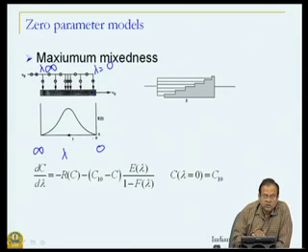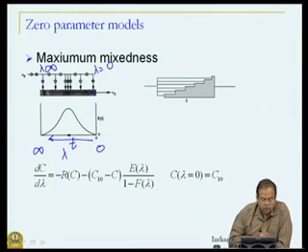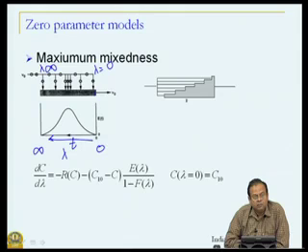So, my exit age distribution E of t now has to match in this particular direction. Once again I will repeat, we are looking at a plug flow reactor with side entries.